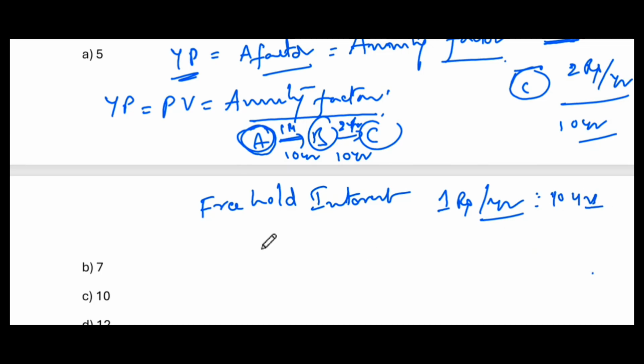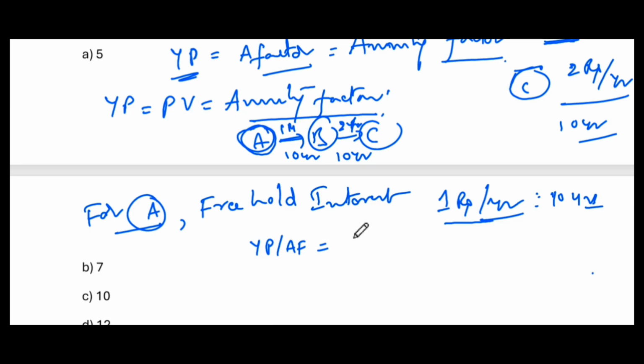Now, the years purchase or annuity factor is a factor that gives the value of the interest, that means the freehold interest in this case, for A. Value of the freehold interest for A for getting an annual rent of 1 rupee per year for 10 years.